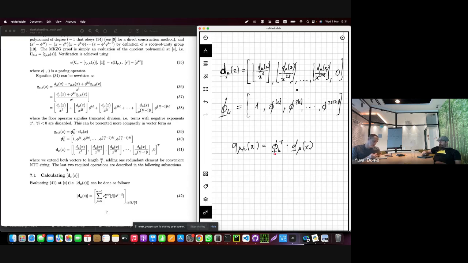And the other nice thing that happened here is that phi is now a vector of powers of some root of unity. Okay, we know which root of unity. It's phi to the power KL, whatever it is.